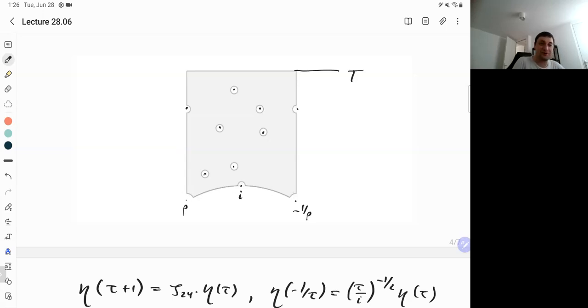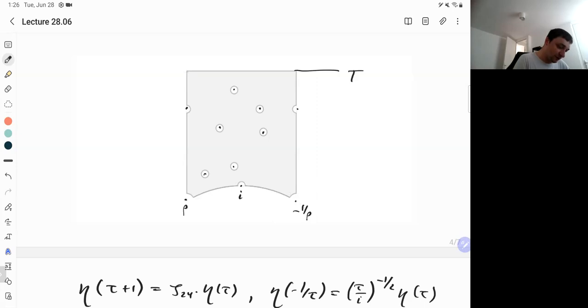You have to make a change of variable, a Möbius transformation, sending this point by a fractional linear transformation to a disk. Because of the transformation properties of modular forms, even if you integrate over a third of a circle or over half of a circle, you still get essentially a full integral of a circle because of some symmetries. This is why you get these 1/3 and 1/2 multiples.